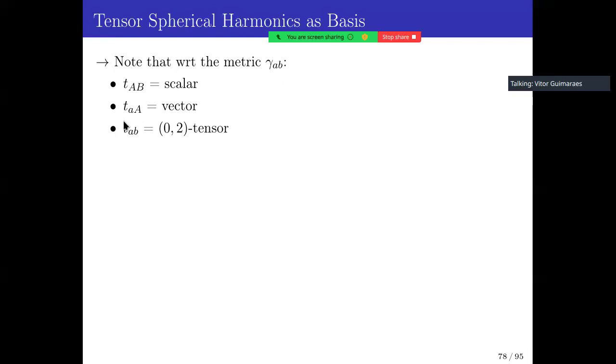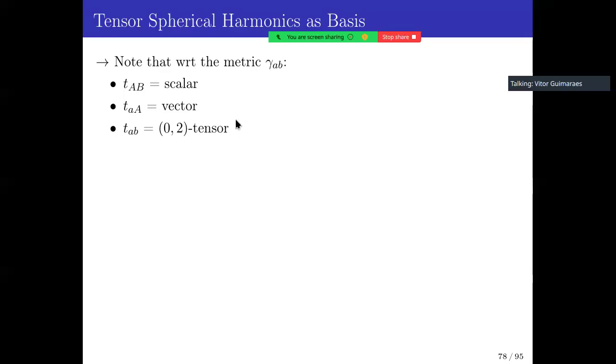So we could think of this as Y_A times R_A. The Y_A transforms, but the R does not transform with respect to rotations. So as far as the two-sphere is concerned, it transforms as a vector, so it is a vector, okay?